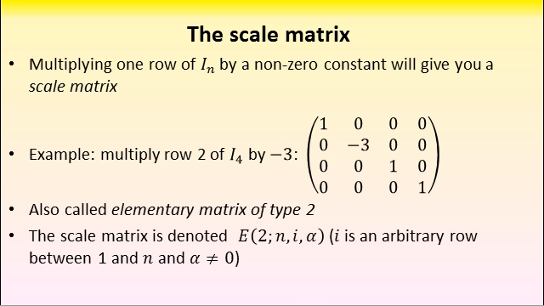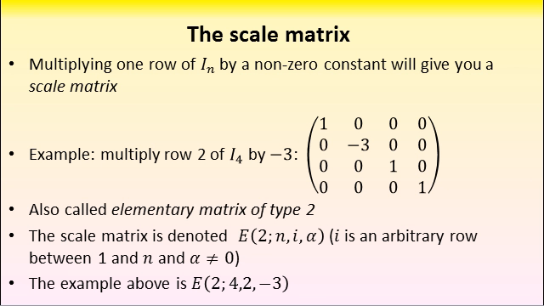In the example above, n is 4, we're making the replacement on the second row, so i is 2, and we're replacing 1 with -3, so alpha is -3, and the matrix is E(2; 4, 2, -3).